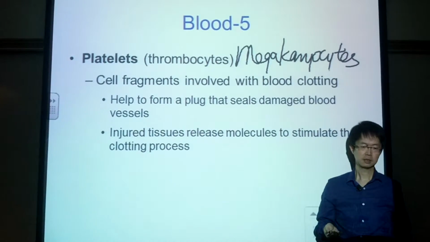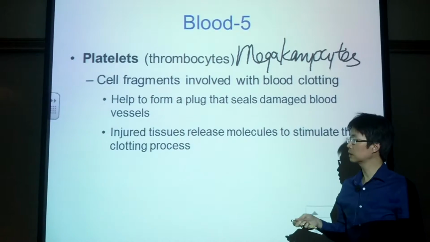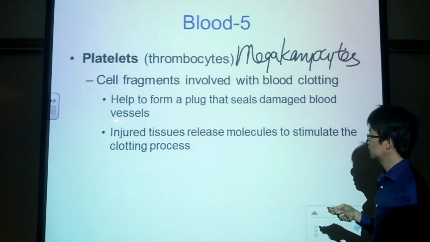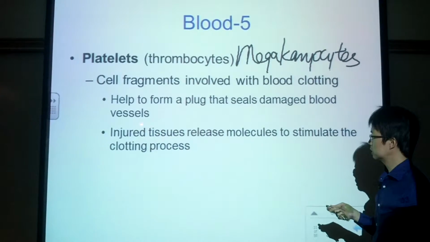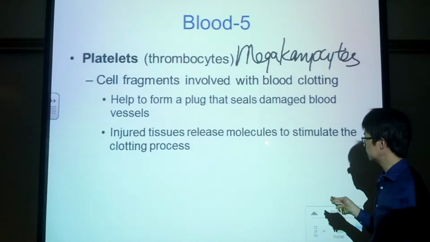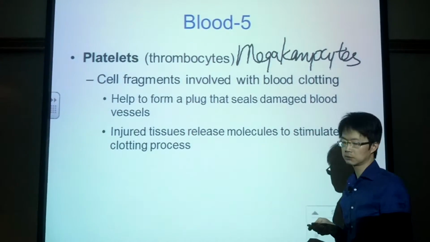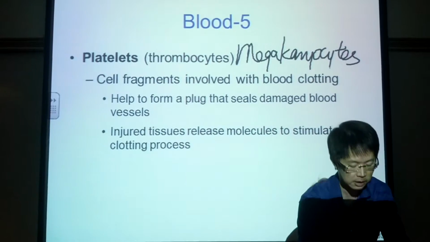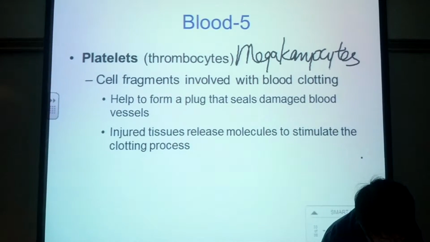That's it. What they do is that they form the plug that seals damaged blood vessels. Injured tissue releases molecules, we call these cytokines, to stimulate the clotting process.